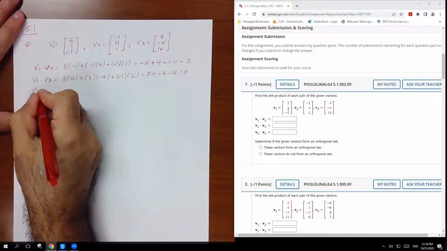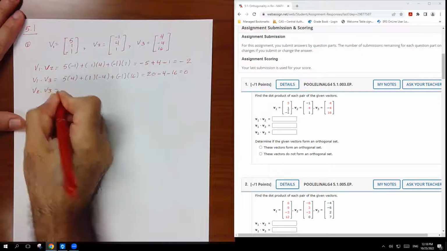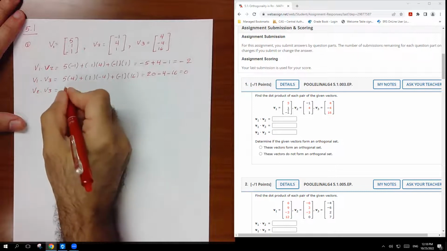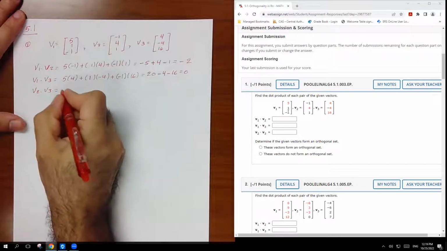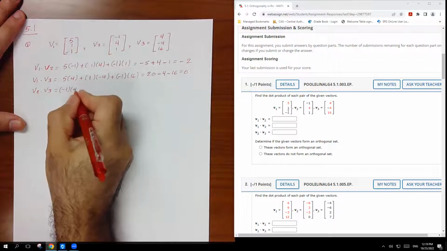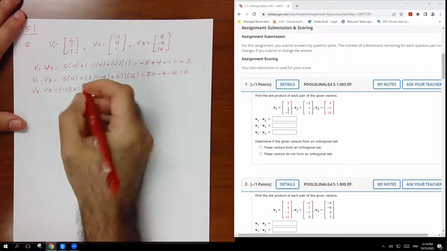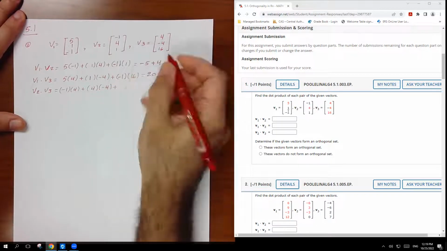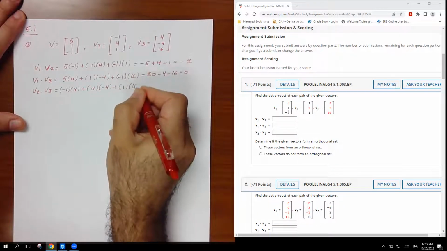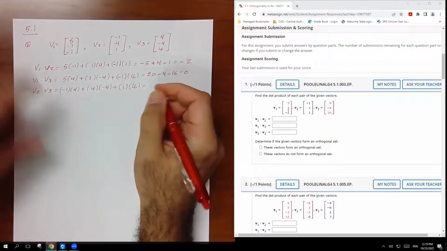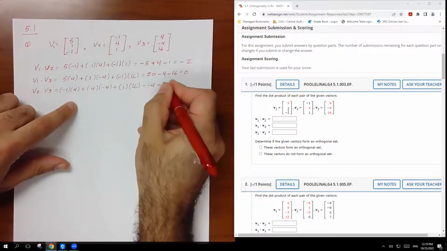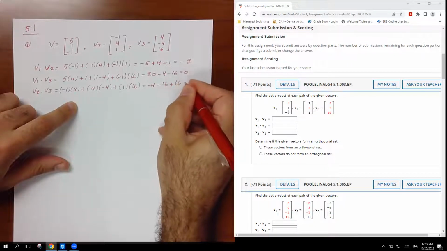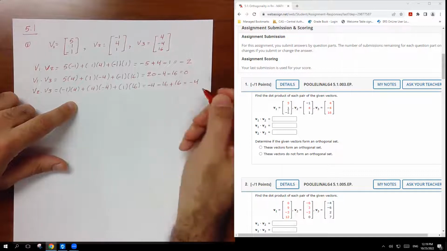Now v2 times v3. We're just doing the dot product. So it's going to be -1 times 4 plus 4 times -4 plus 1 times 16, and it's going to be -4 minus 16 plus 16, and the result is going to be -4.